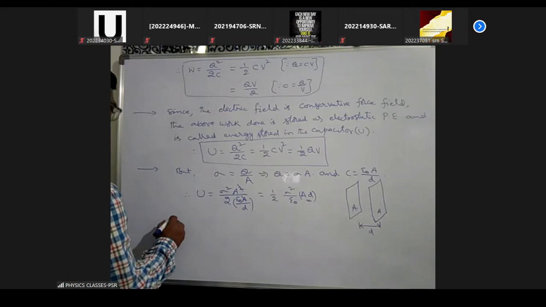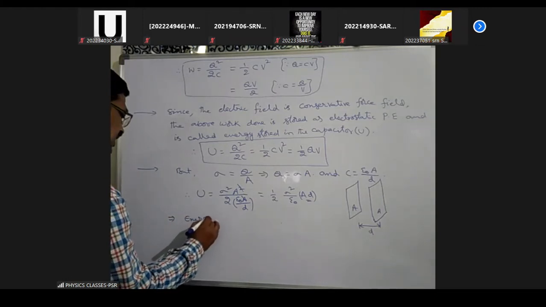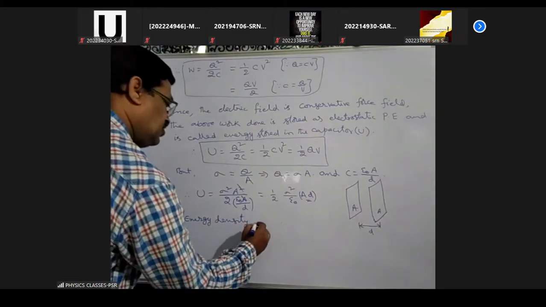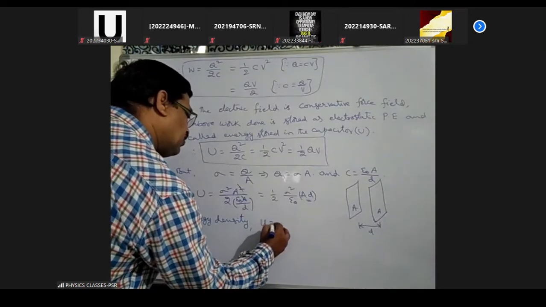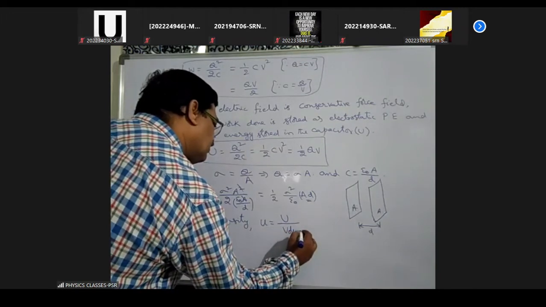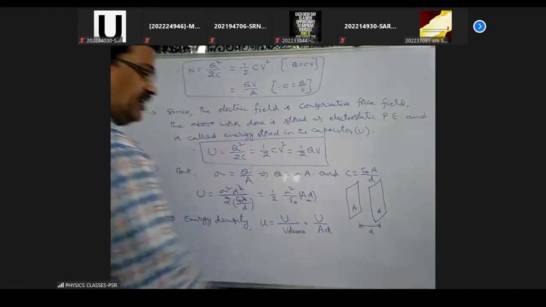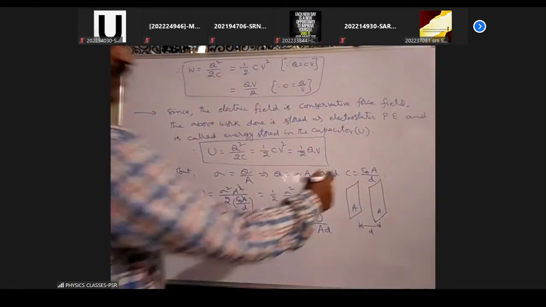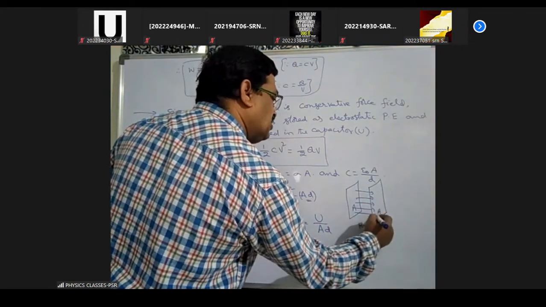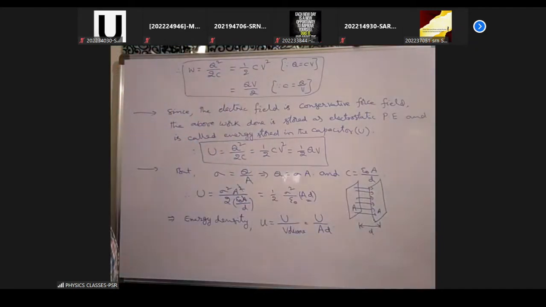It is denoted by the symbol small u, which is equal to total energy divided by volume, that is U by A d, the volume of the field. Here a uniform field is produced between the plates, and the energy stored in this field is given by U by A d per unit volume.